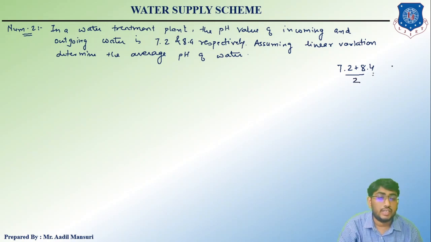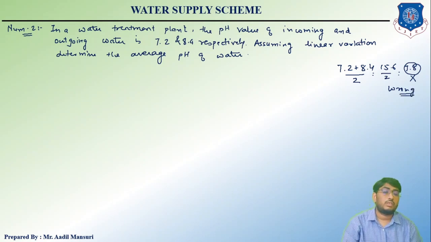If I say this is 8 and 7, 15.6 by 2, that equals 7.8, which is wrong. So let us find out how much the average is.